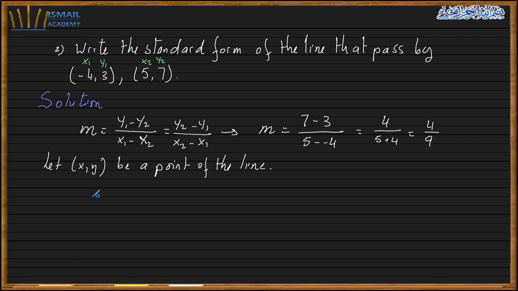So I have 4 over 9 equal, and I pick any point, so let's pick this one, y minus y2 over x minus x2.